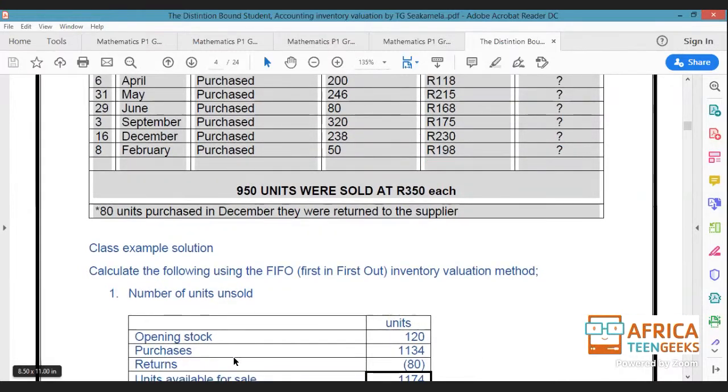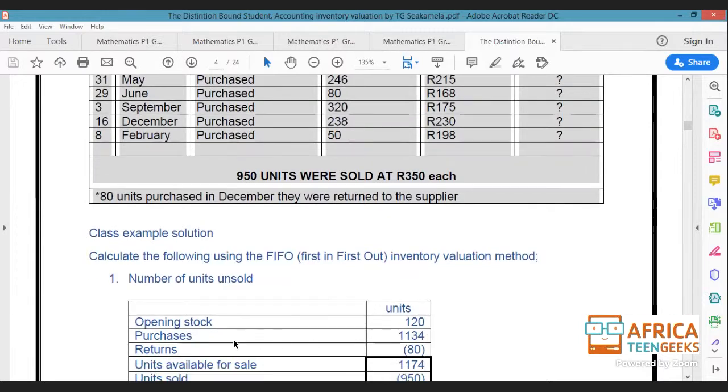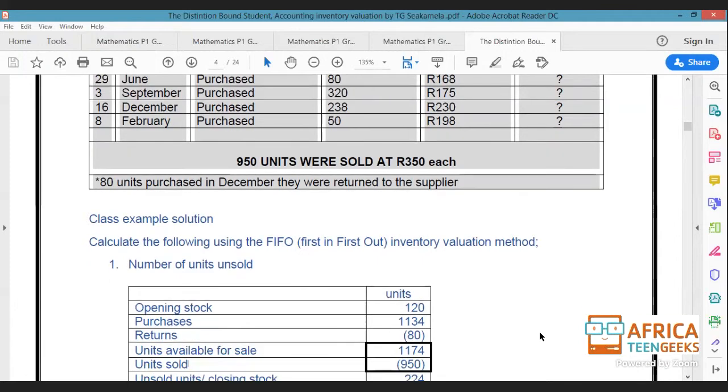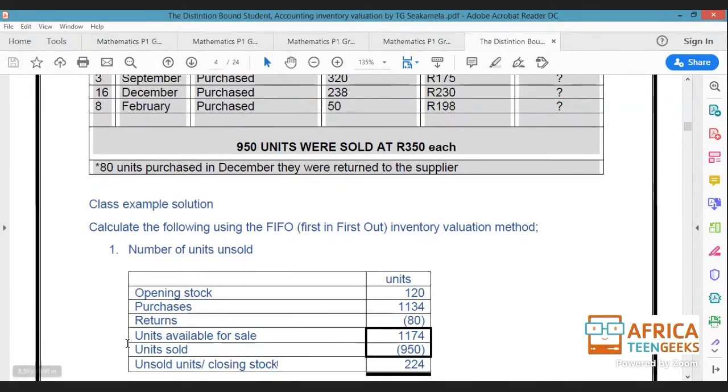However, you have returned 80 units in December. So the returned units, you must subtract them, right? So basically, the units that were available for sale for this year were 1,174. However, you sold 950 because you were told here that 950 units were sold.